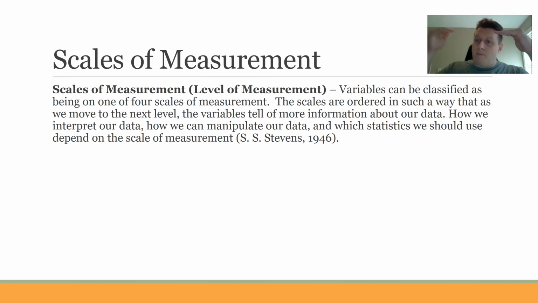But as we go up in scale of measurement, we're gaining more and more information from that variable. So the scale of measurement is going to help us in determining which statistics we should use to analyze the variable, how we can manipulate our data, and how we can interpret our data as well.